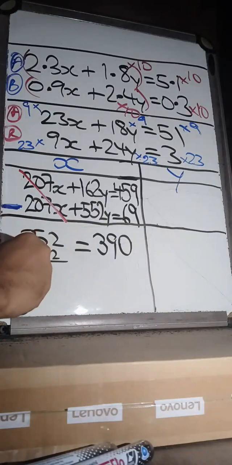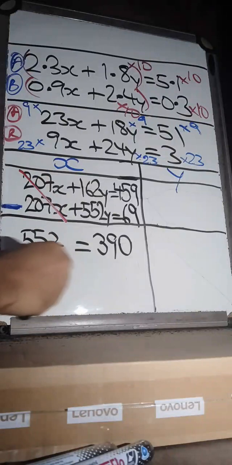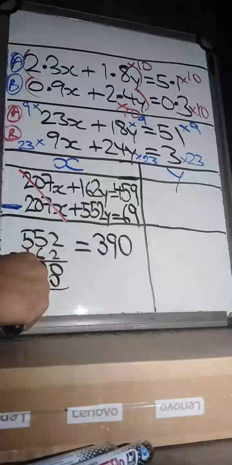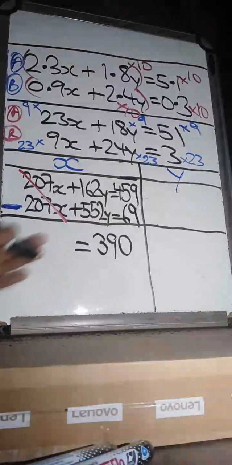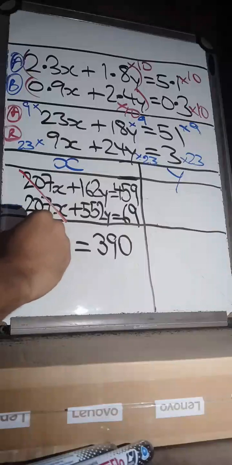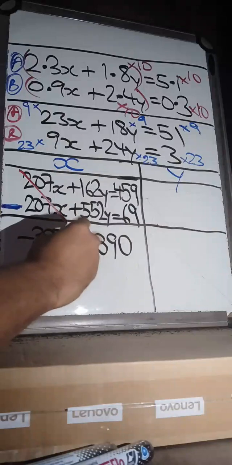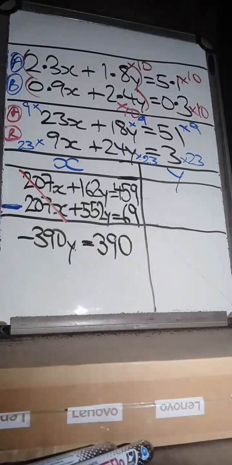So we have what? We take 52 from both of them. We're left with this. Okay, alright. Okay, so we have 390 on both sides. Except for this. This will be a minus 390y.